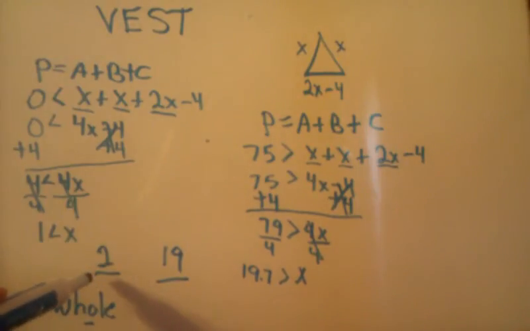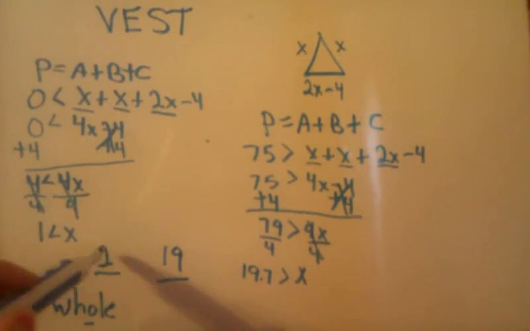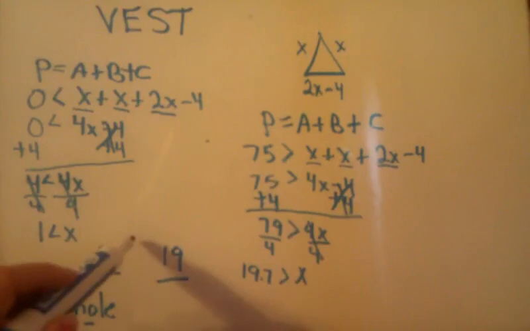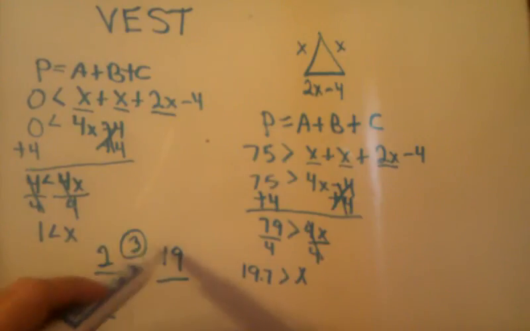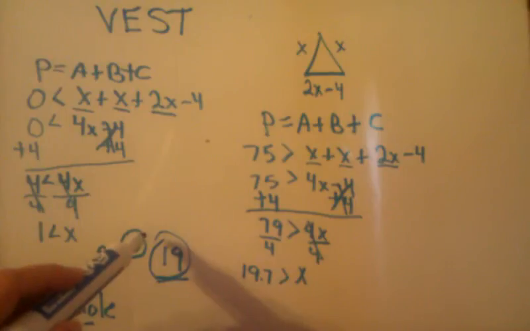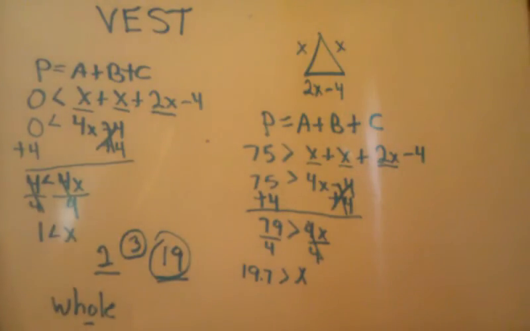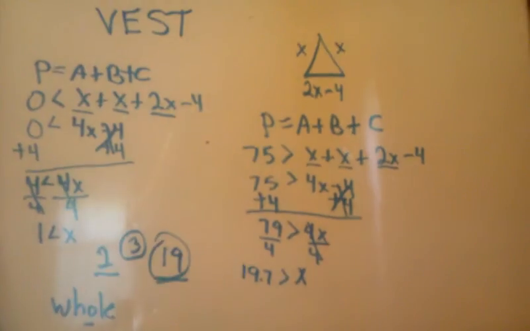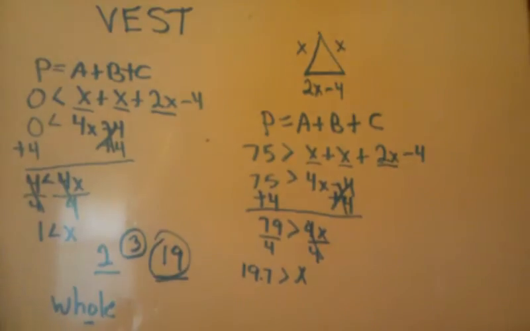Instead of 2, they have 3. I've done this problem several times. I don't know how they come up with 3 because I come up with 2. But they want 3. So your answers are 3 and 19. If you came up with 3, I want you to show me your work so I can see what I did wrong.